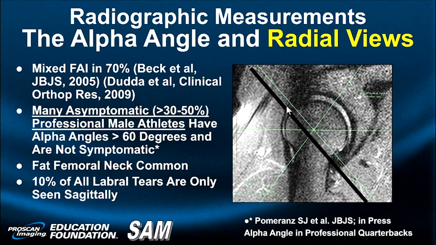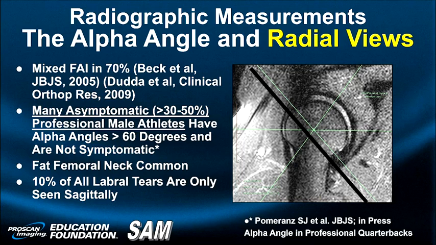So the alpha angle, as many as 40%, is not a way to diagnose impingement syndrome. It's a supplementary tool only. And most impingers are not pure cam impingers. They're not pure pincer impingers. 70% are mixed impingers. But as mentioned, many young patients have big, broad, fat femoral necks.